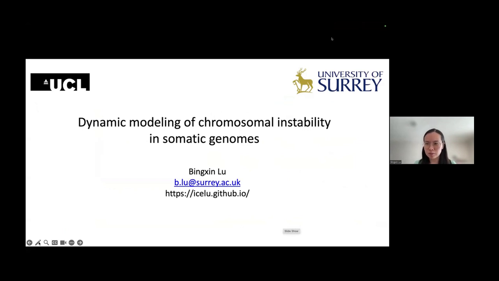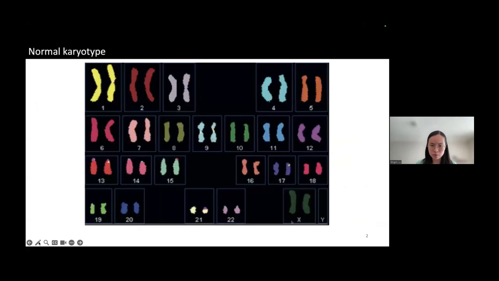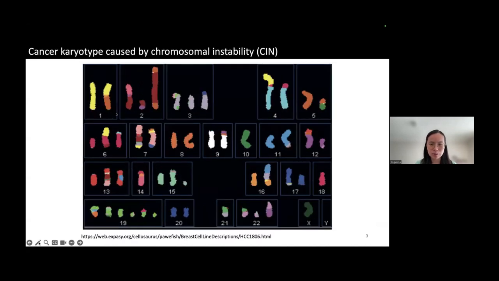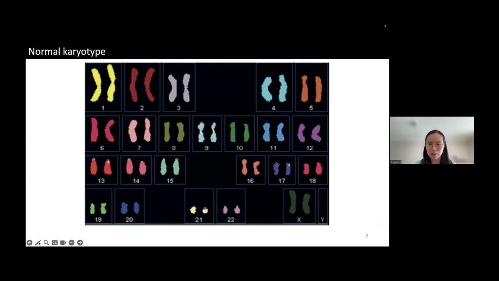I'm glad to present my work on dynamic modeling of chromosome instability in somatic genomes. Thank you for the invitation and this opportunity. As you may know, in a normal human genome, there are 23 pairs of chromosomes indicated by the different colors here. This is called the karyotype.